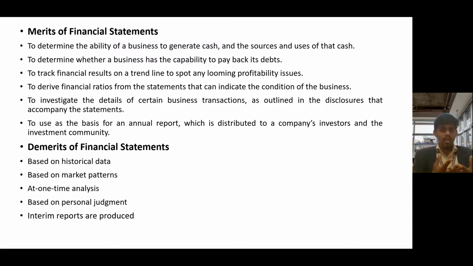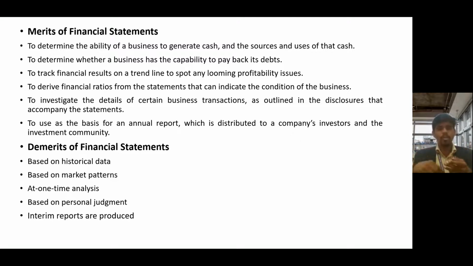That will be given by the financial statements, and it also helps us investigate the details of certain business transactions. If we have any doubts, issues, conflicts or complaints on certain business transactions, we can investigate the details: how the transaction happened, where the money went.